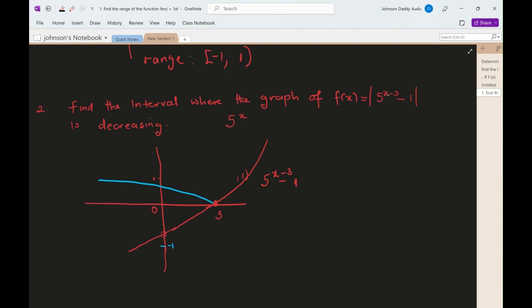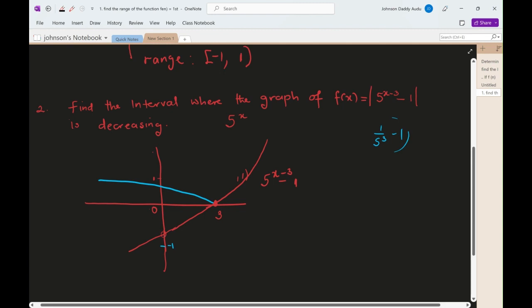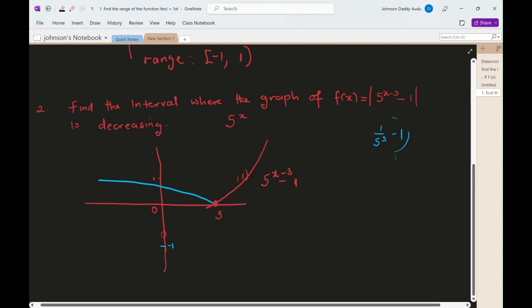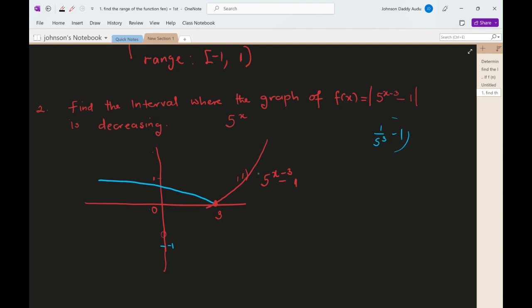Because if you put x equals 0, I remember you say 5 to the power minus 3, minus 1. This is a very small number. So it means if you reflect it, it should also cut below 1. Yeah. So we can remove the whole of this. And this is the graph of the absolute value of 5 to the power x minus 3, minus 1.